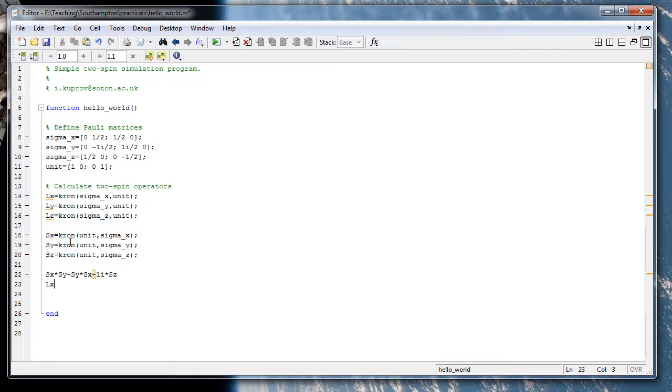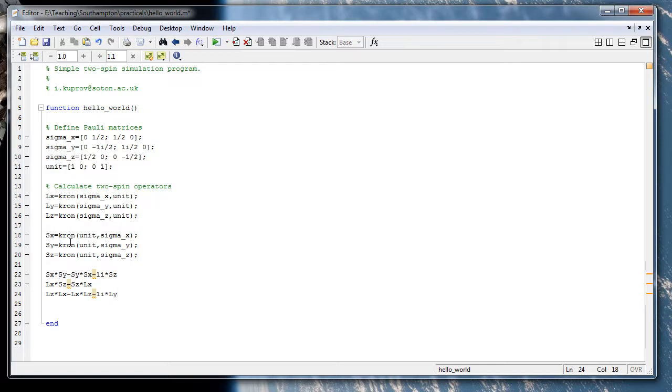Then Lx times, let's say, Sz minus Sz times Lx should be 0, because the two operators that refer to different spins must commute. And let's test something for z. So let's say Lz times Lx minus Lx times Lz should be equal to I Ly. Should it? Yes, it should.